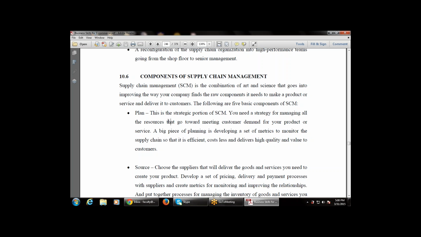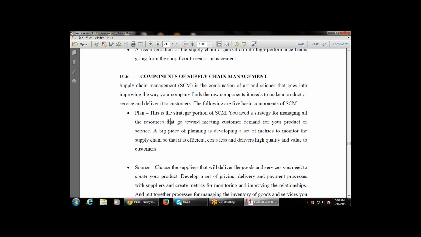So it is efficient, costless, that is less cost, and delivers high quality and value to the customer. So the first step is to plan out the supply chain, keeping in mind various features like less cost, efficiency, high quality, valuable to the customers, by using various metrics.